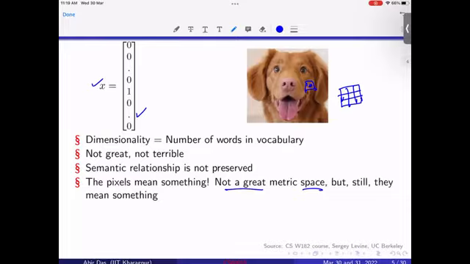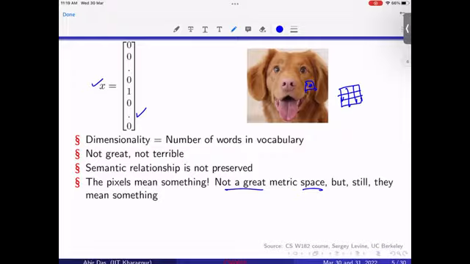Suppose you take another image of this puppy, just slightly rotated, or in slightly underexposed lighting conditions, and you take the difference between the two images, you will find that the norm is huge. So it's not a great metric space.